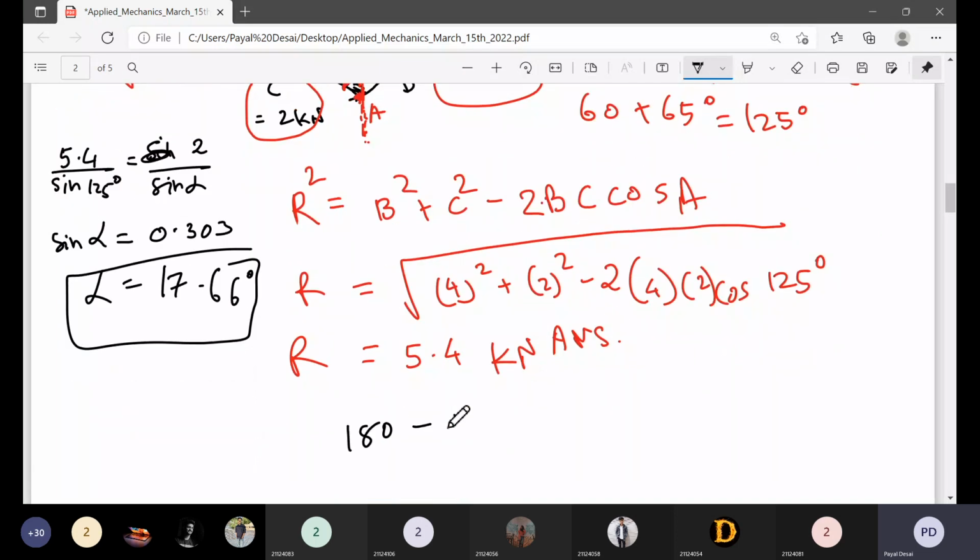So 180 minus 125 minus 17. Let me see how much you are getting. 180 minus 125 minus 17, you are getting 37.